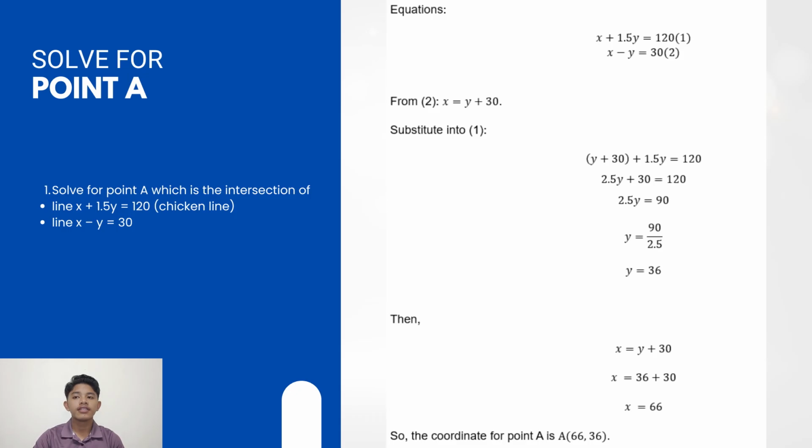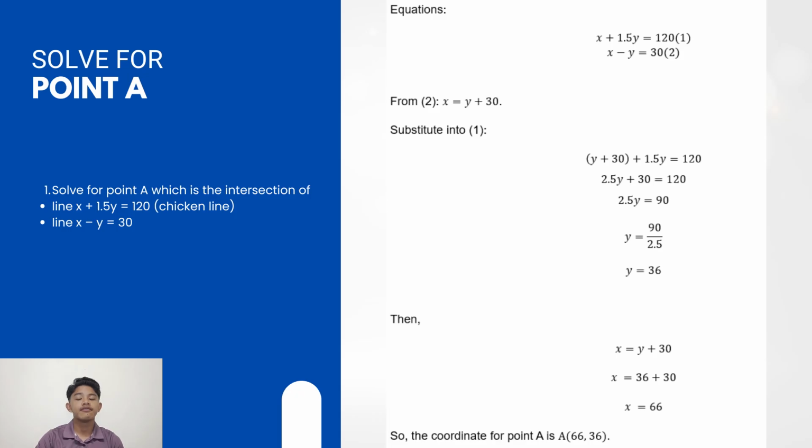To find the coordinates for point A, we must first write down the equations that we have: x plus 1.5y equal to 120, and the second equation, x minus y equal to 30. So we can rearrange our second equation into x equal to y plus 30.